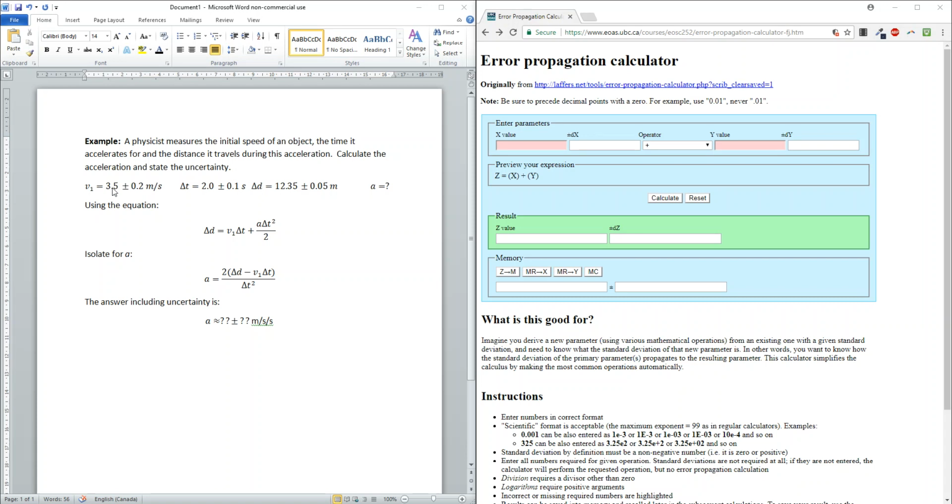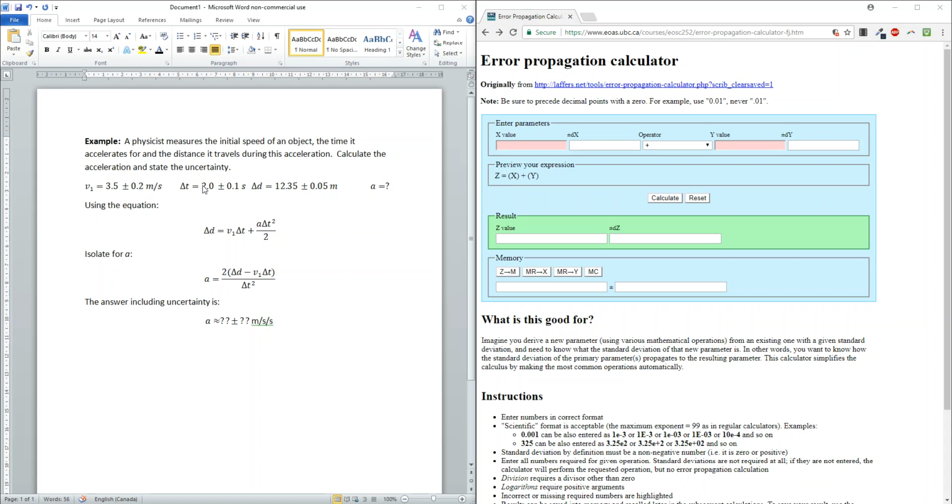Now, the measurement tool they were using was only accurate to about 0.2 meters per second. So when they got that value of 3.5, it could have been 3.7, it could have been 3.3, or somewhere in between. So they estimated 3.5, with an error of plus or minus 0.2 meters per second.